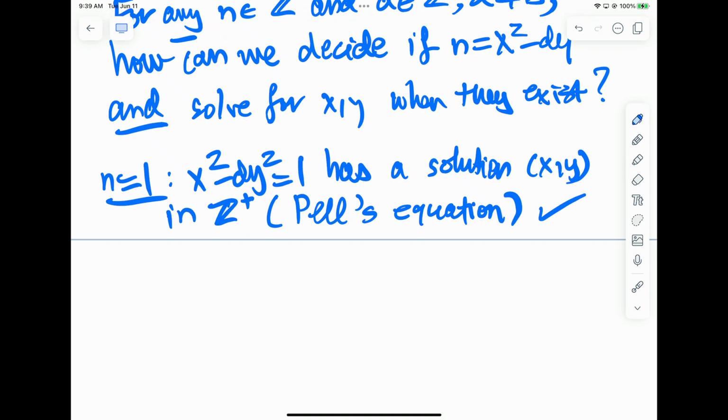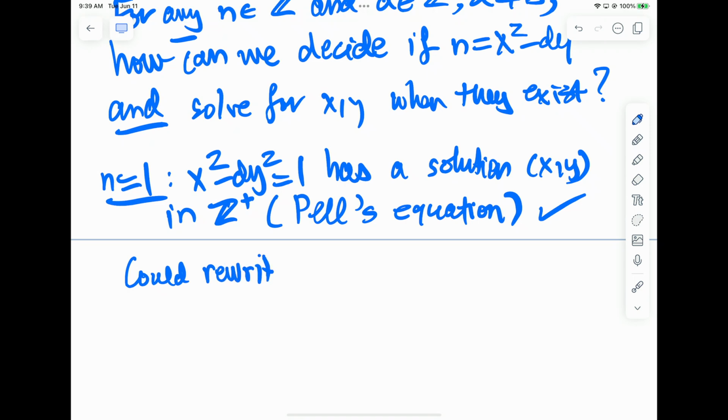You might use the continued fraction expansion for the square root of d, and the convergents for that lead to a systematic method of discovering the smallest or first solution to this kind of equation.